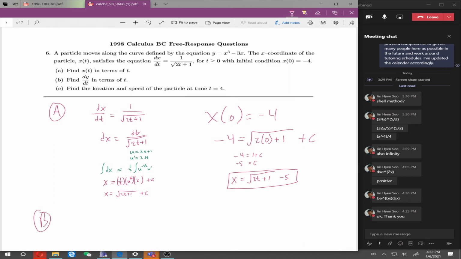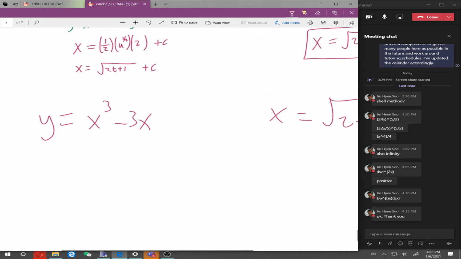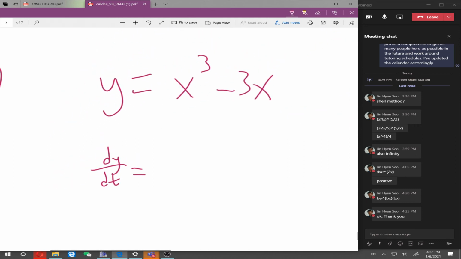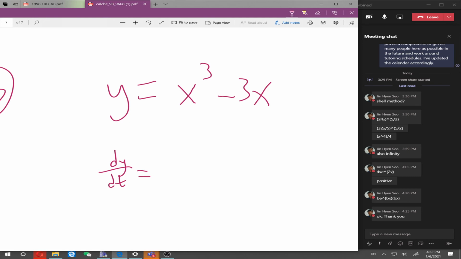So in this case, Andrew, if y is x cubed minus 3x and x is square root 2t plus 1 minus 5, then what is dy over dt? Let's get a general form over here first, maybe. 3x squared minus 3. Oh, 3x squared times chain rule.